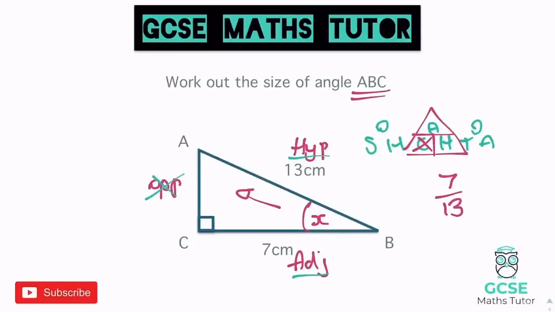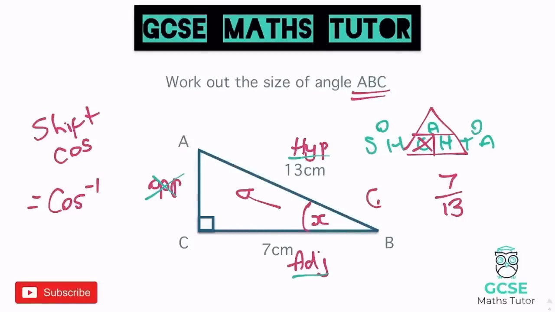Now the calculator doesn't know that this time I'm looking for an angle, so all I'm going to do to tell the calculator I'm looking for an angle is first I'm going to press Shift and then press cos, so Shift cos. And on your calculator it'll come up with cos -1, and that just tells your calculator this time I'm looking for the angle and this is the fraction I want to put in.